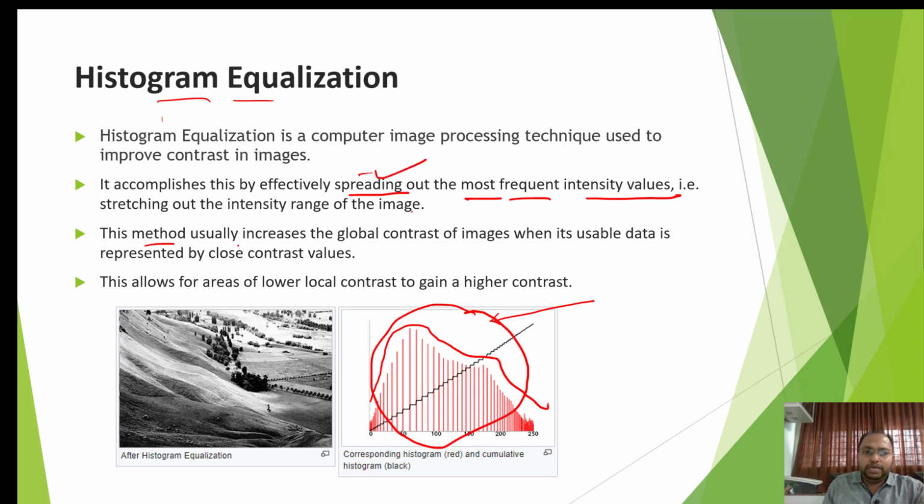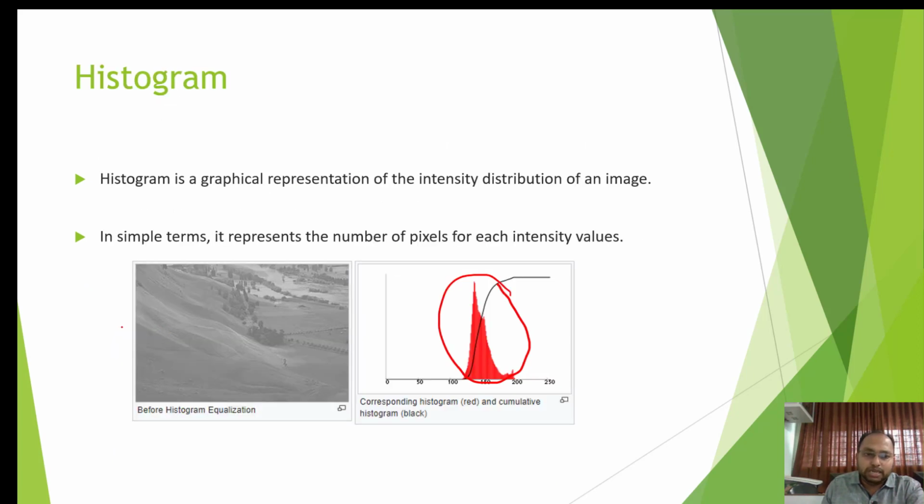This method usually increases the global contrast of an image. If you check the difference between these two, this is your histogram equalized image and this is your original image.